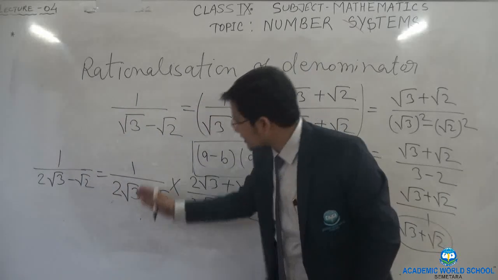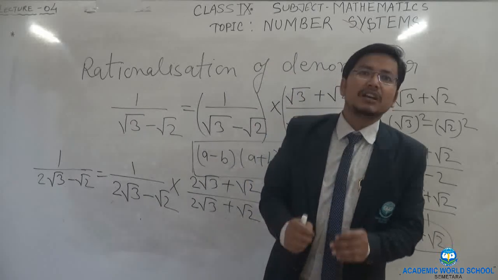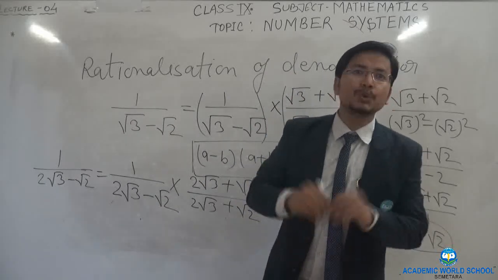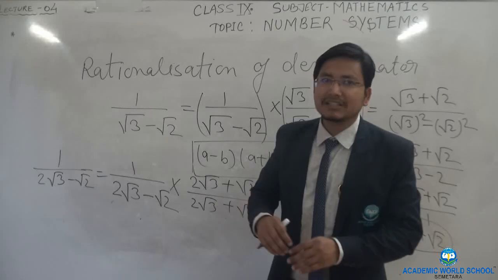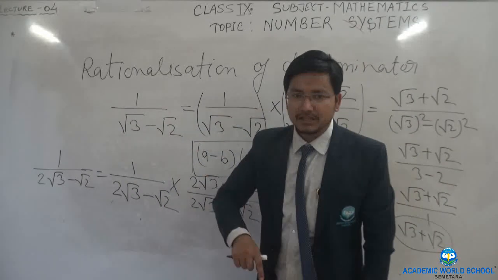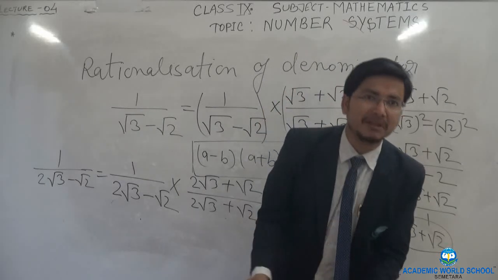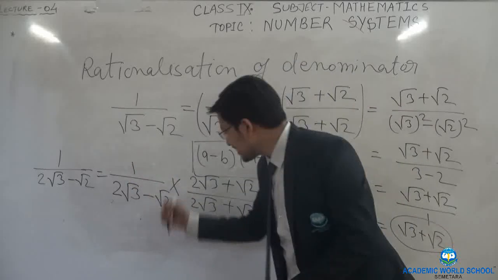If we are going to rationalize this, the funda is that we don't want a root type of number, an irrational number, in the denominator. So for cancelling it, to remove it, to get rid of it, we are rationalizing.